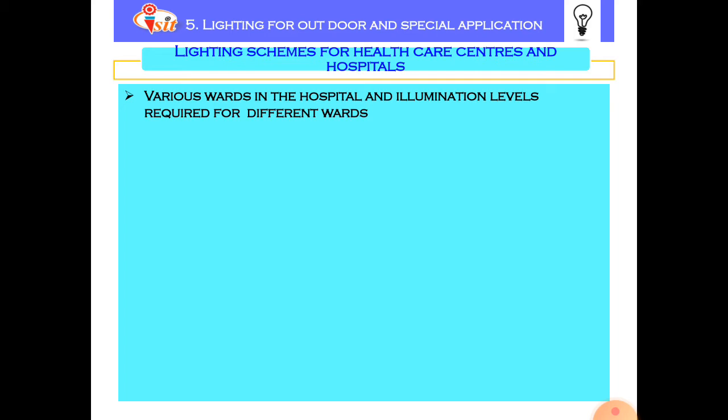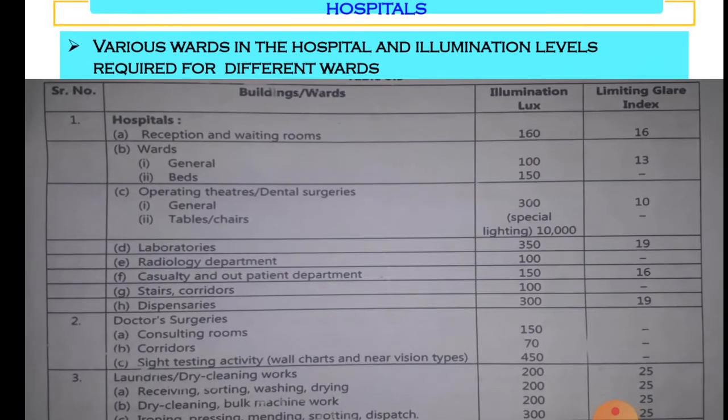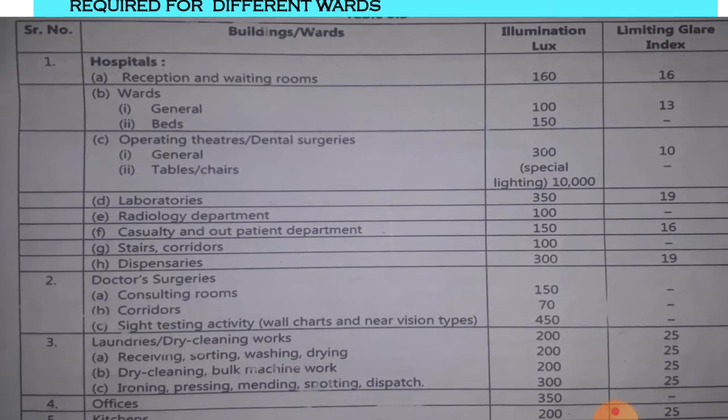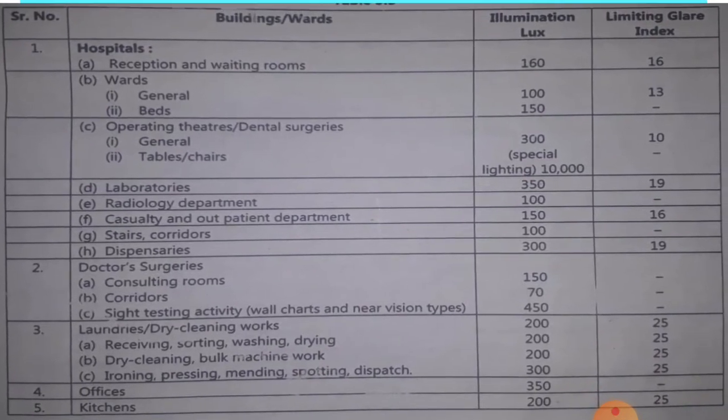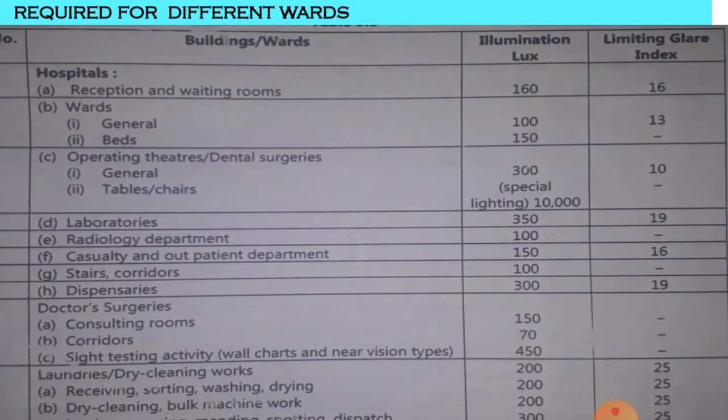There is a standard table which shows the illumination level required for different wards. For the sections included in hospitals, such as reception and waiting rooms, a level of 160 lux is required. For general wards, 100 lux is required, and for the beds 150 lux.